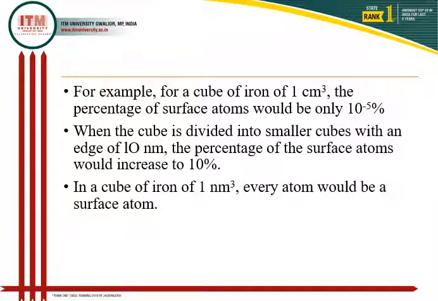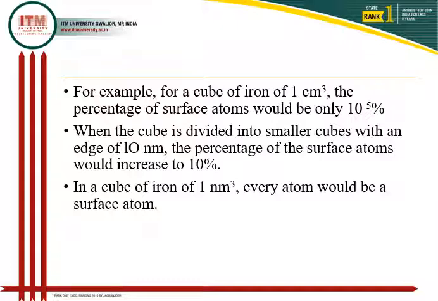On the other hand, if we divide the cube into smaller cubes with an edge of 10 nanometer, the percentage of surface atoms would increase to 10%. So you can observe this. Now 10% of atoms will be on the surface since you have chosen 10 nm each.